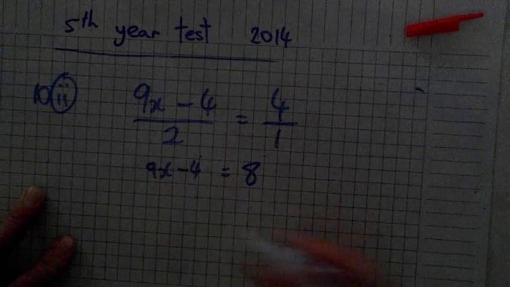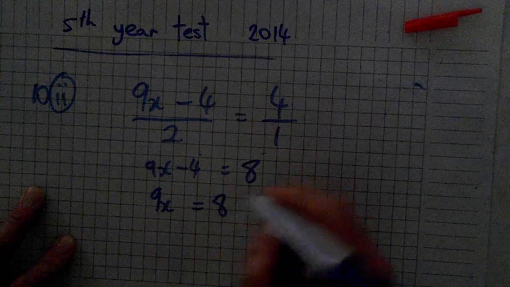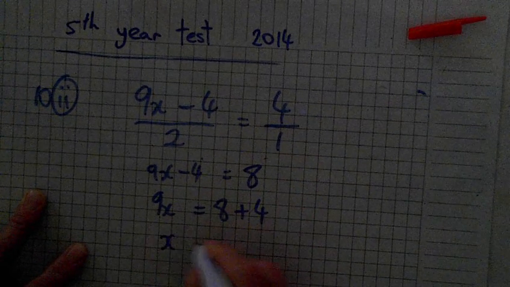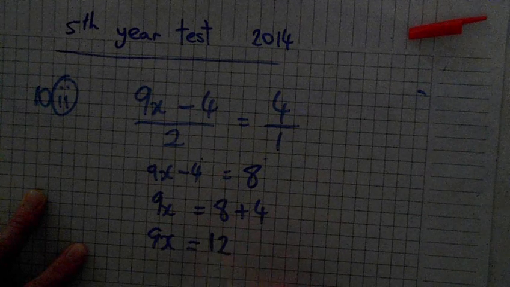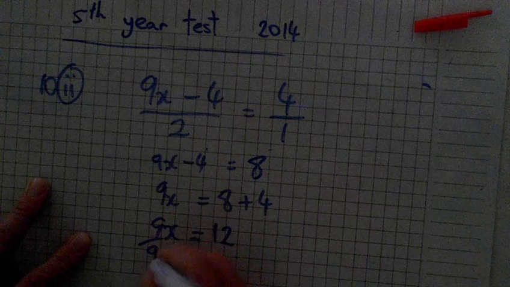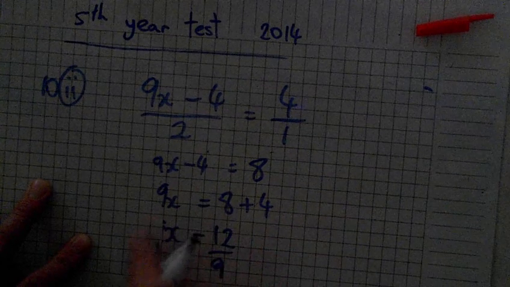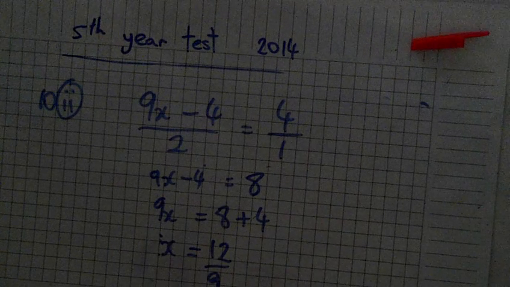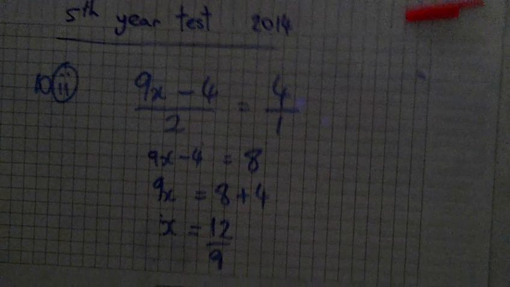So we'll leave the 9x over here, 8 there, and bring the 4 across. So 9x is equal to 12. Divide both sides by 9. X is equal to 12 over 9. Okay, that's one way of doing it.